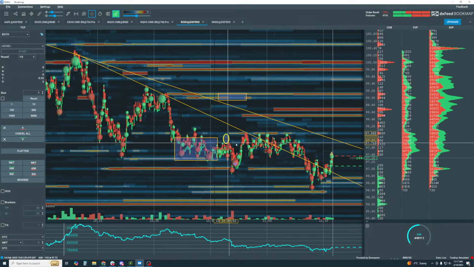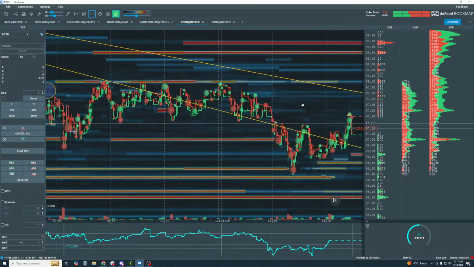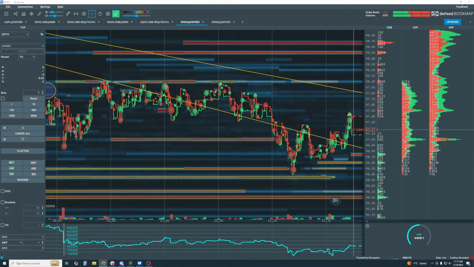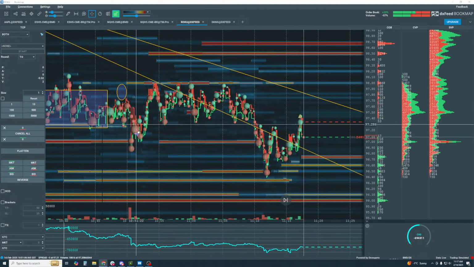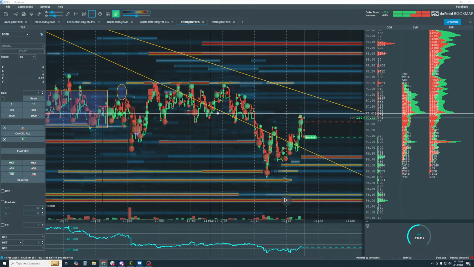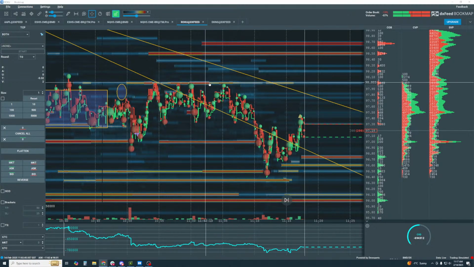Okay, so all of this chop in here, and then finally, let's just take a look at this. I hope this helps answer your question, Santo. It was kind of a hard read. I thought this was an easy read on the pullback, but it just chopped around in here for a while, and we did not get into the liquidity up here at 98.